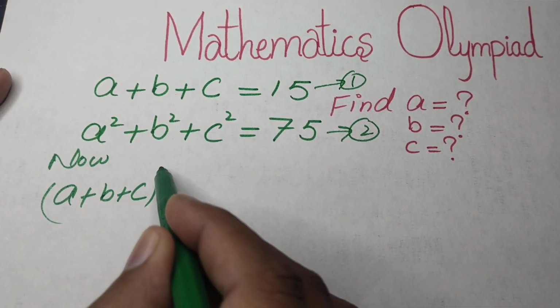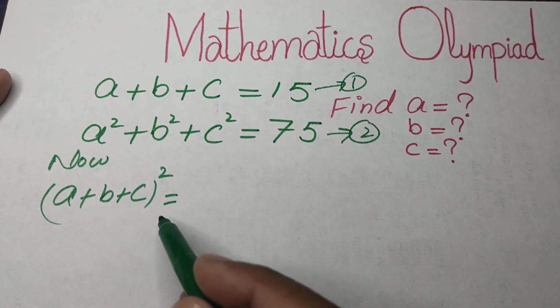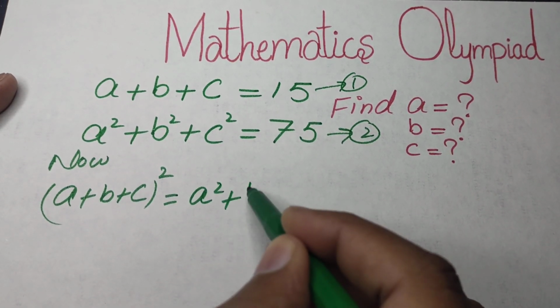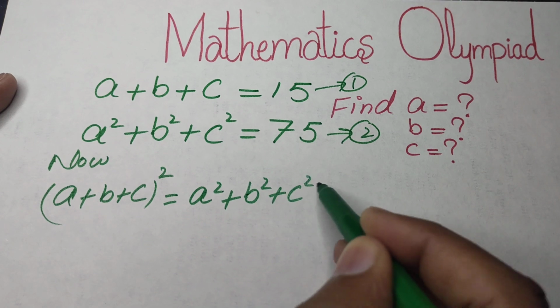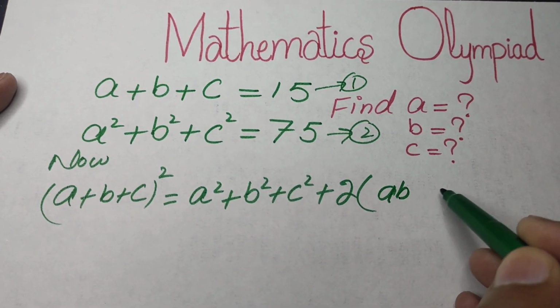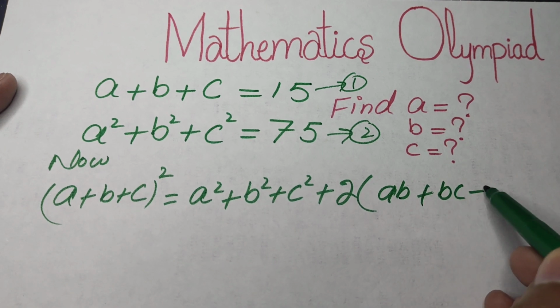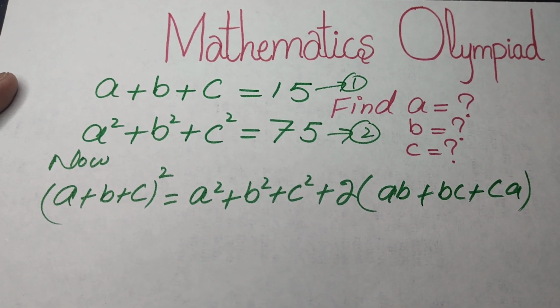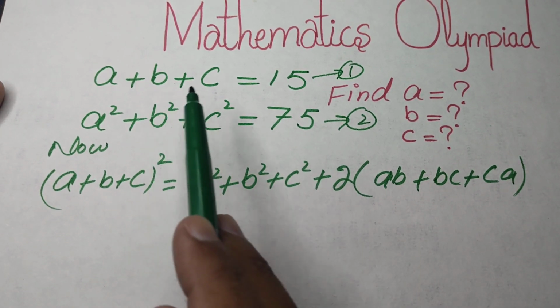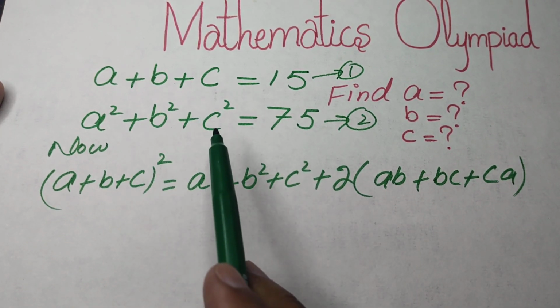Now we know the trinomial square formula: if we have a plus b plus c whole square, and when we open this, we will obtain a square plus b square plus c square plus 2 times of ab plus bc plus ca. Here we have the values of a plus b plus c and a square plus b square plus c square.